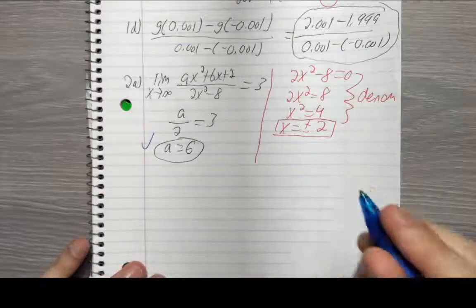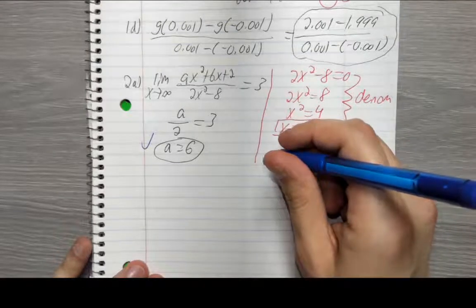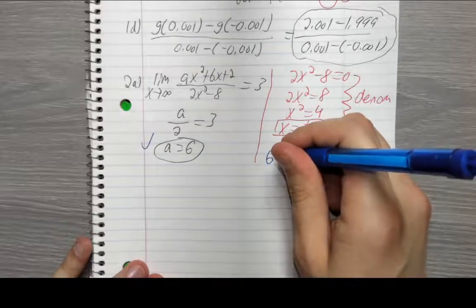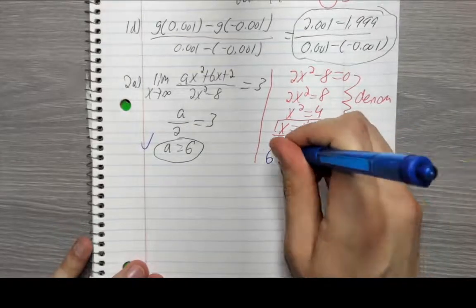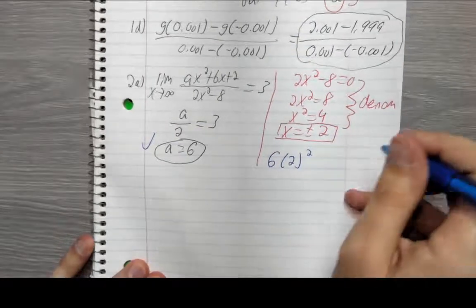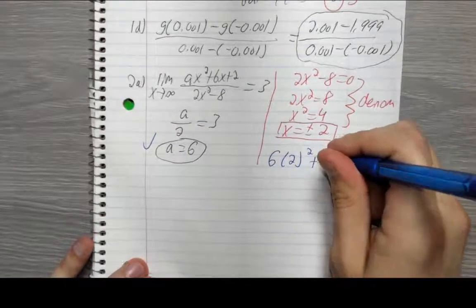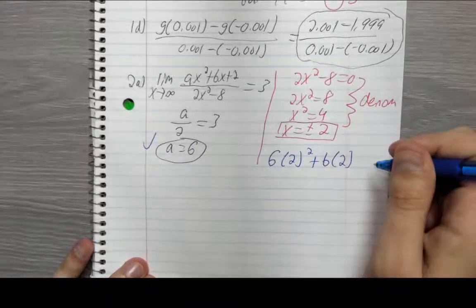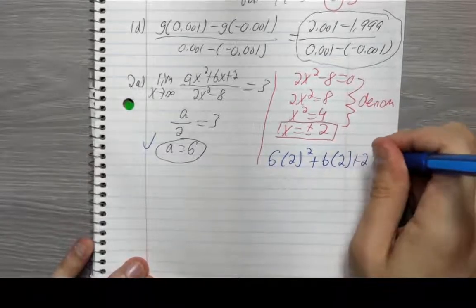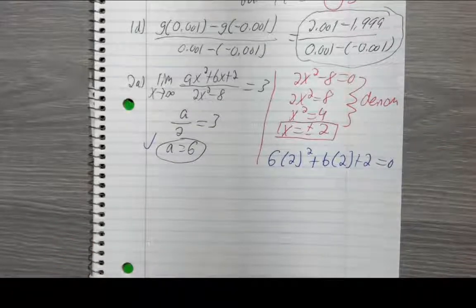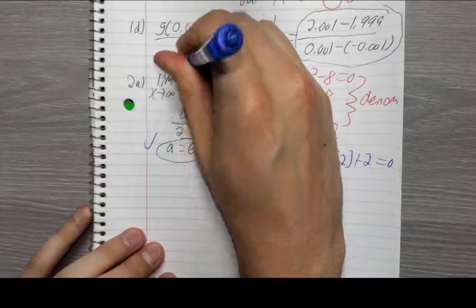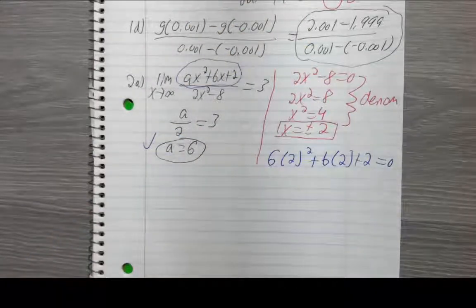I'm going to take the numerator, where a is 6: 6 times x squared, so instead of x we use 2 squared, plus b, which we don't know, we're trying to prove b, times x, which is 2, plus 2 is equal to 0. I'm just focusing on the numerator of the original function, replacing x with 2 and a with 6.